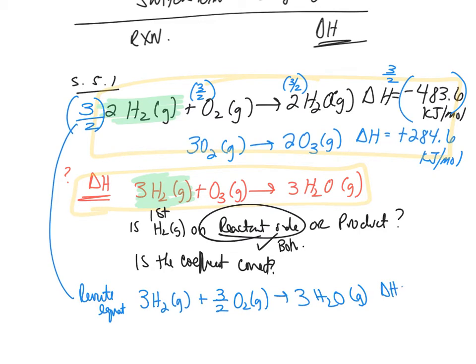And then my delta H now associated with this is a negative 483.6 times 3 divided by 2. So now it's negative 725.4 kilojoules per mole. So I did that for each one of them. All right, so now am I happy? Do these match? These match. Okay, so now I can go on to the next one.